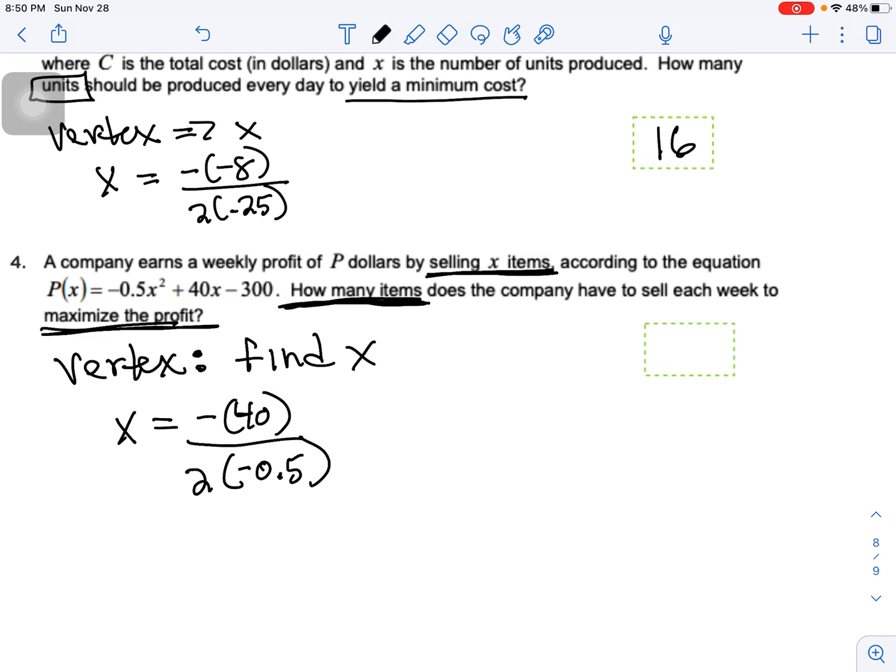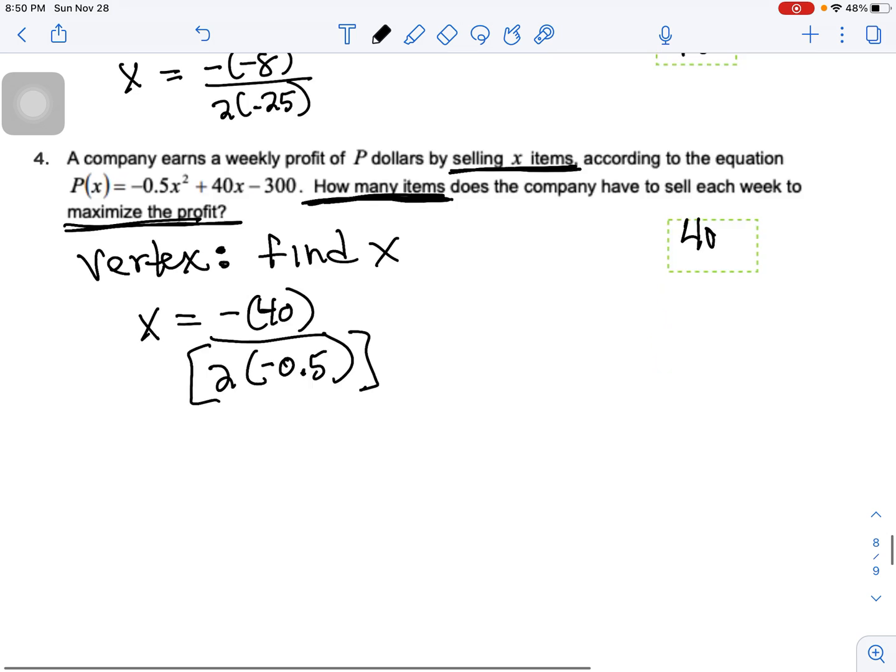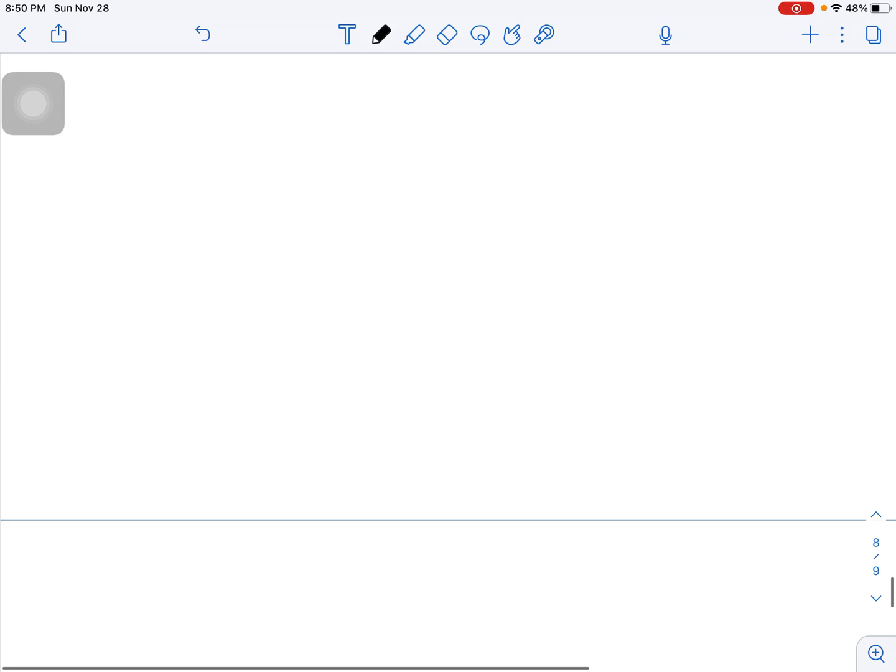So let's type that in, negative 40 divided by, and I tend to then put parentheses around my denominator. So 2 times negative 0.5, and that equals 40. So they have to sell 40 items. I think that's it.